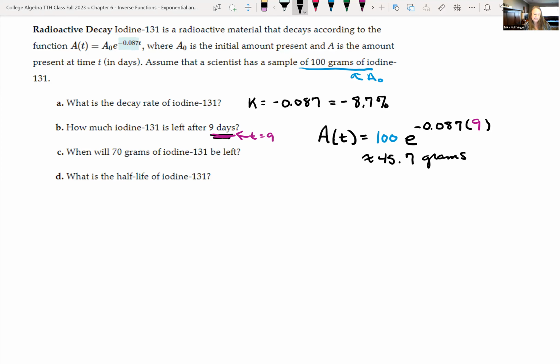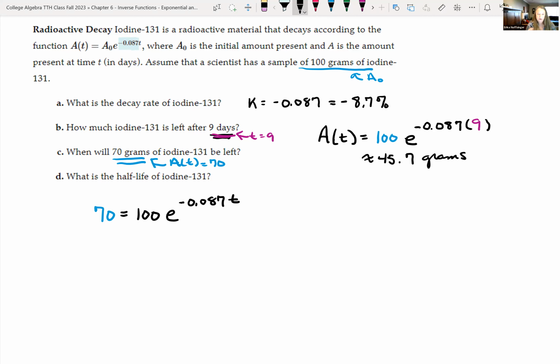So when will 70 grams of the iodine be left? So we want to know when the amount A sub t is equal to 70. So we have 70 is equal to how much we originally started with, which is 100, e to the negative 0.087, and we're trying to find our time t.